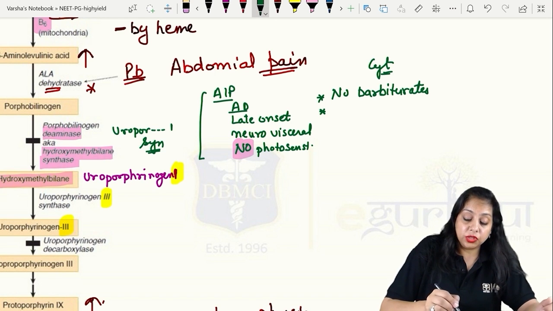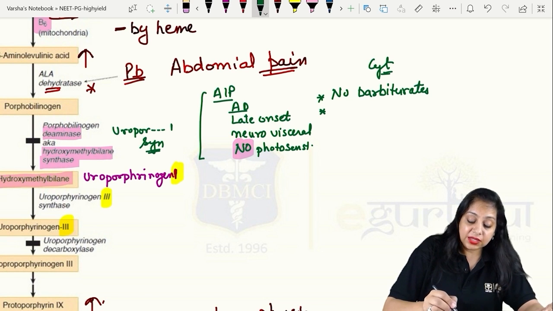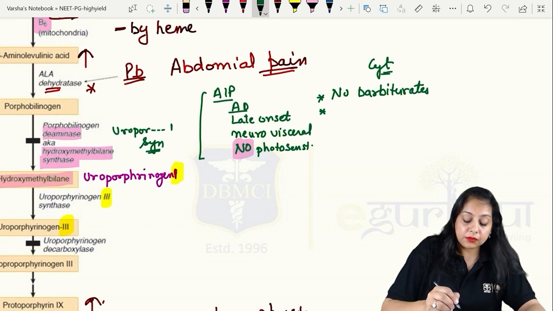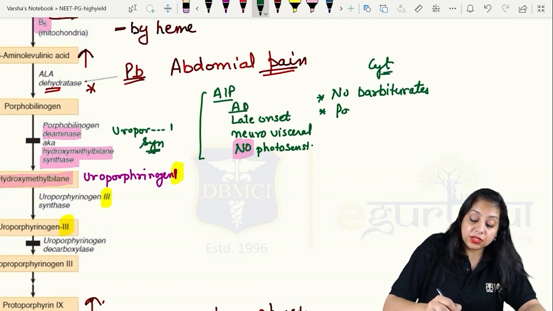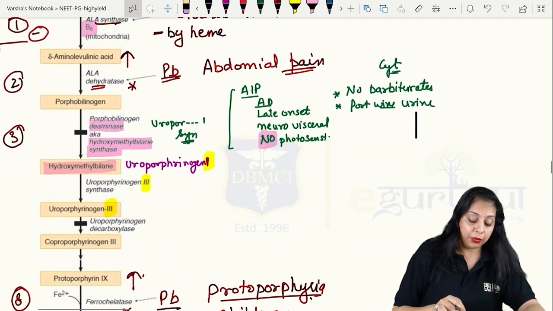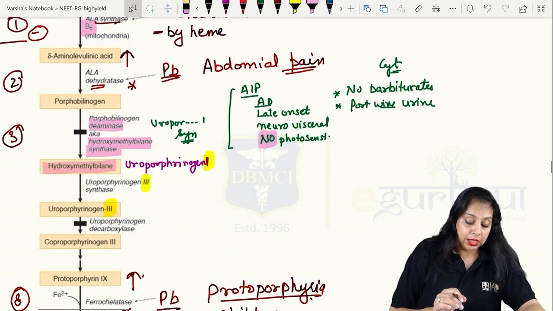So no barbiturates to patients having hydroxymethylbilane synthase deficiency. In some patients, you will see port wine urine. That is acute intermittent porphyria.